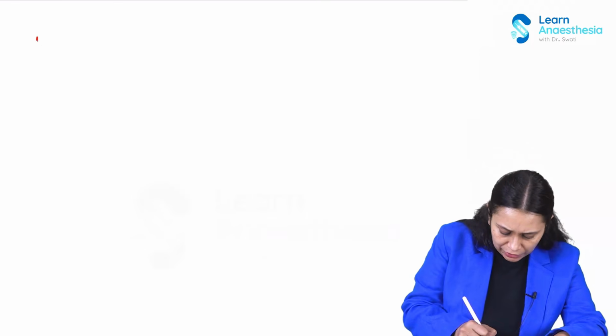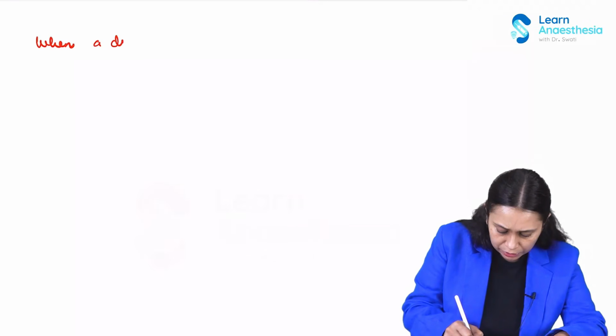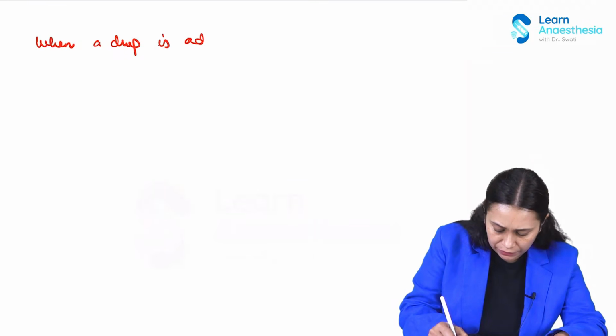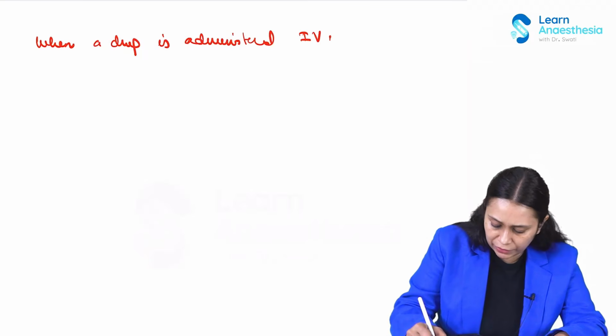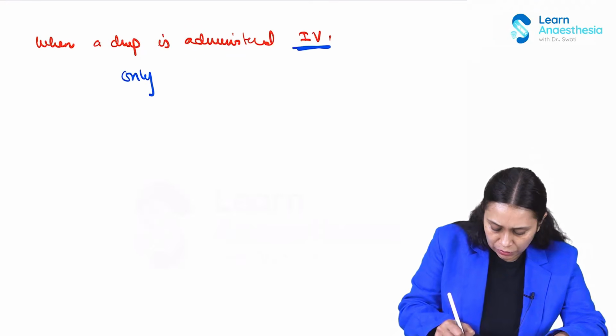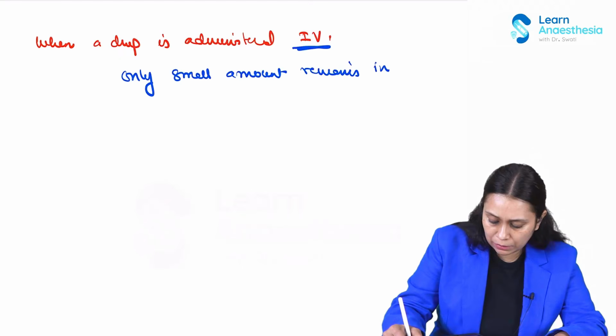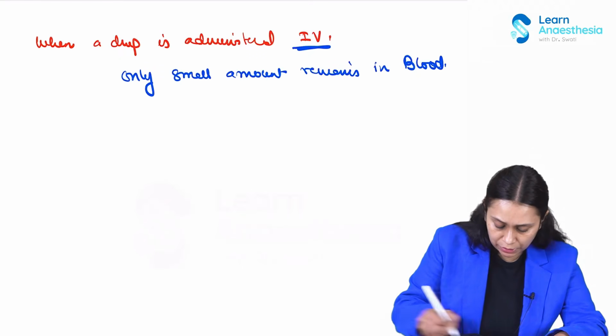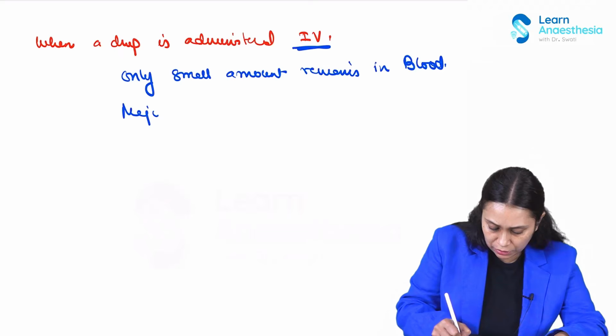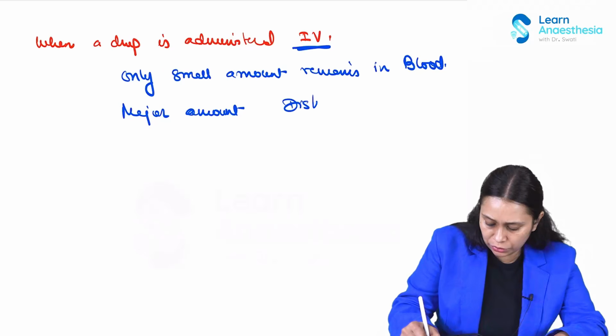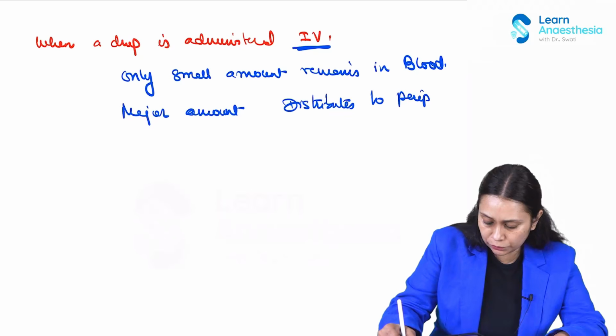So when a drug is administered intravenously, only a small amount remains in blood. The major amount distributes to peripheral tissue.